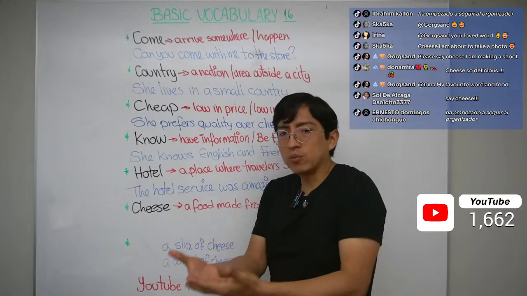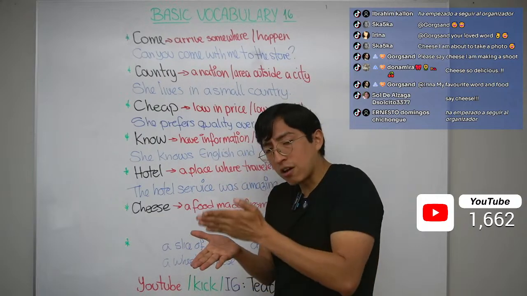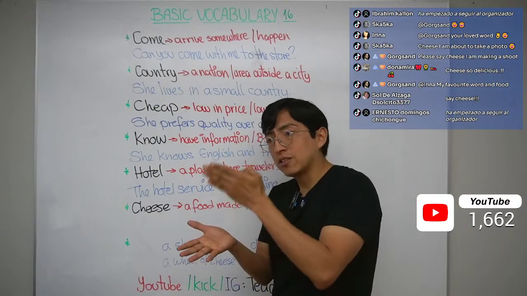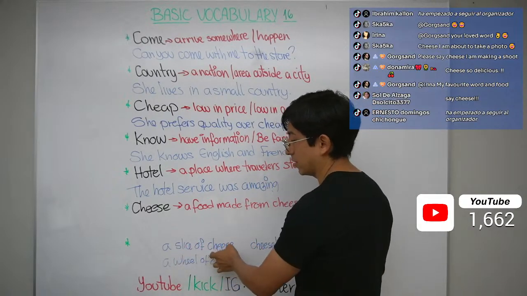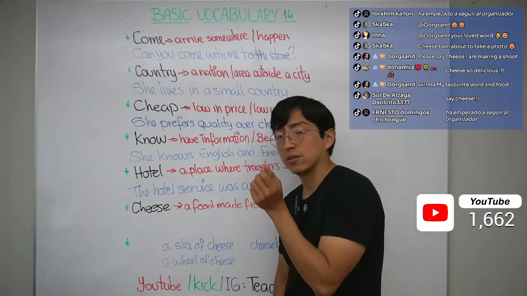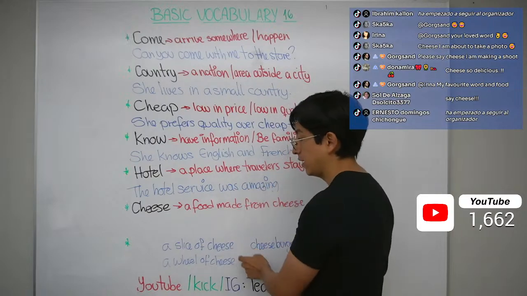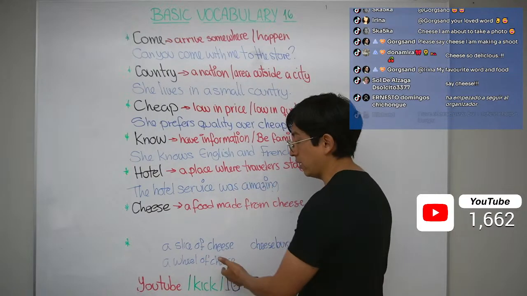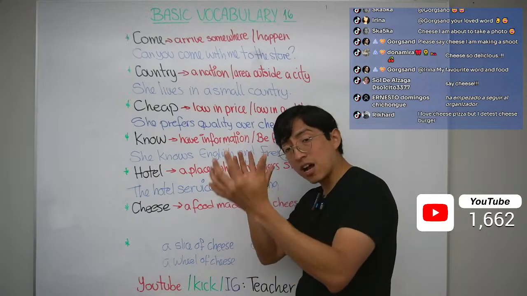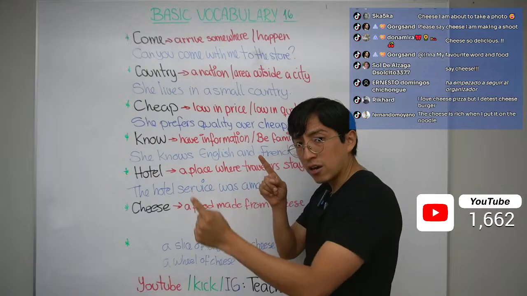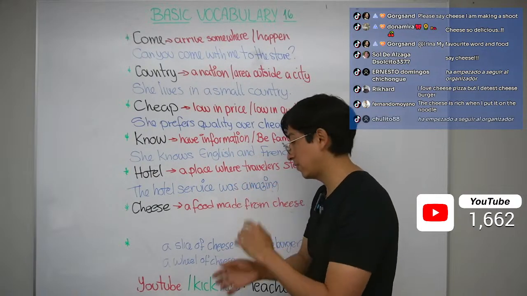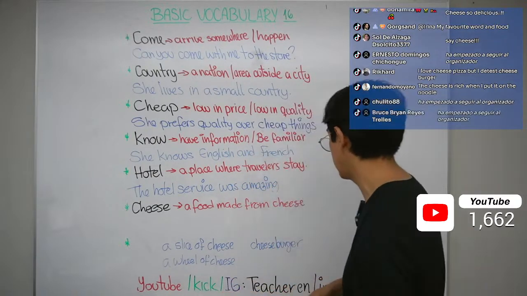And sometimes you buy this and then you start slicing the cheese little by little, right? So a slice of cheese is just a portion. A wheel of cheese is the entire cheese, especially if it is rounded.